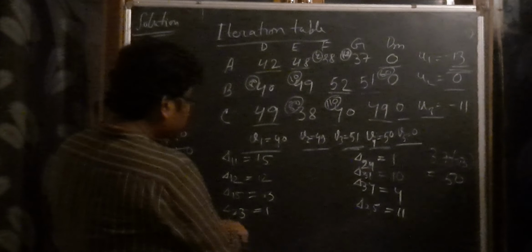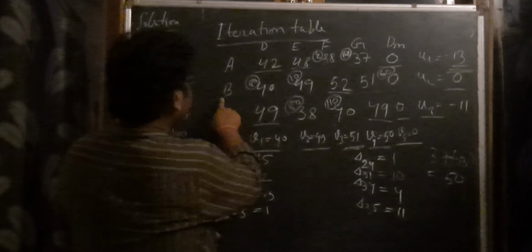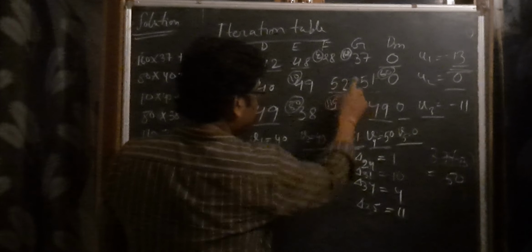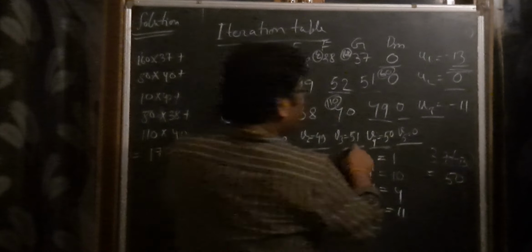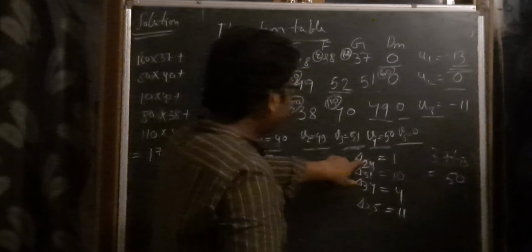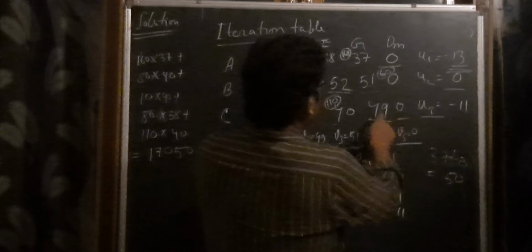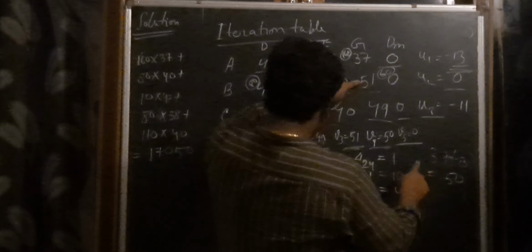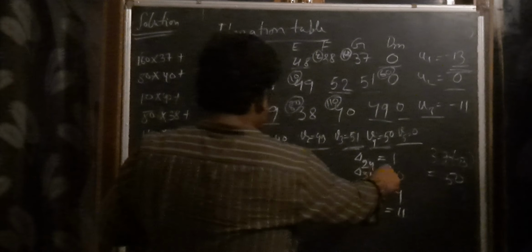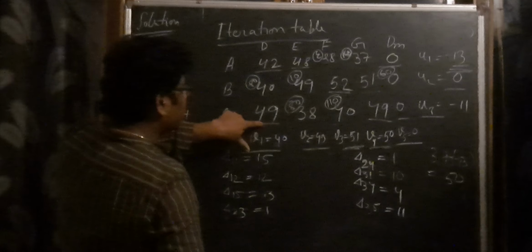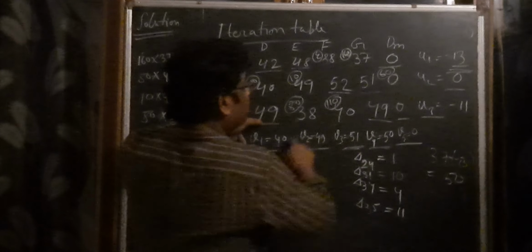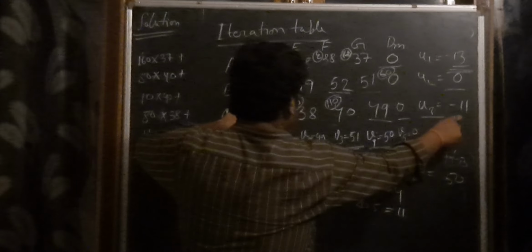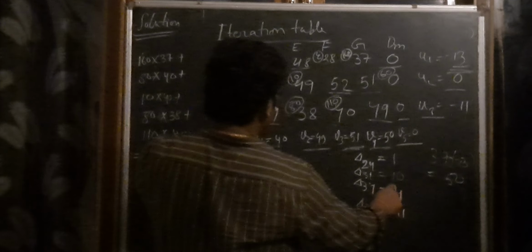Okay, so in this way we have del 2 3, this value. So 52 minus 51 plus 0, so it is 1. Okay, so del 2 4, it is 51 minus 0 plus 50, so it is also 1. Okay, del 3 1, 49 minus 40 plus minus 11, so it will be 10.